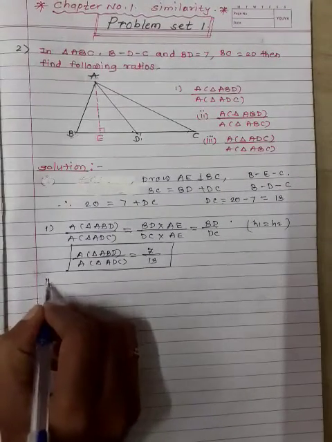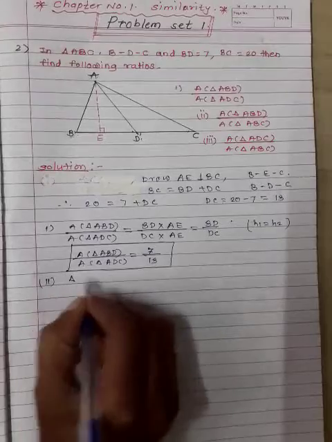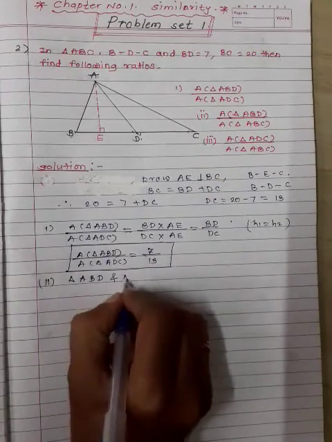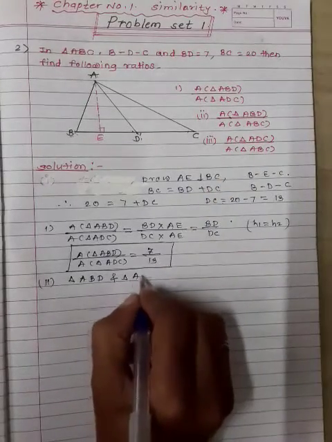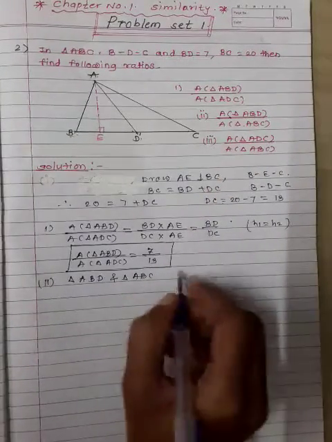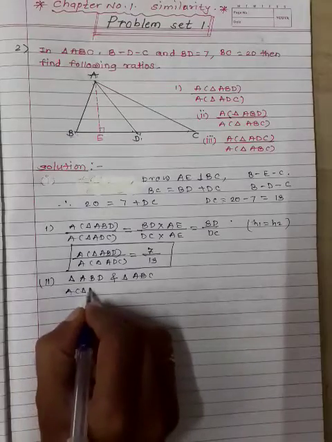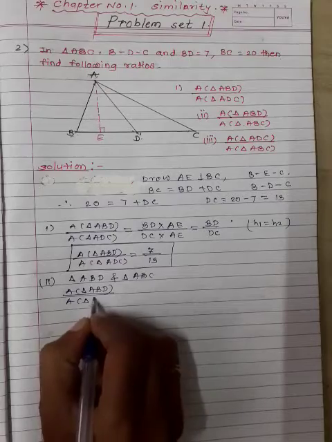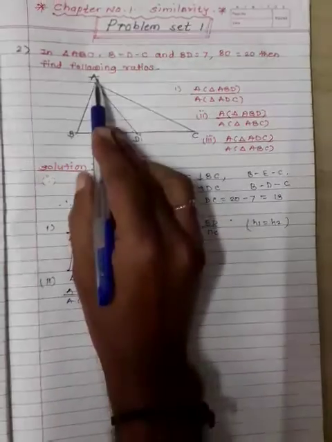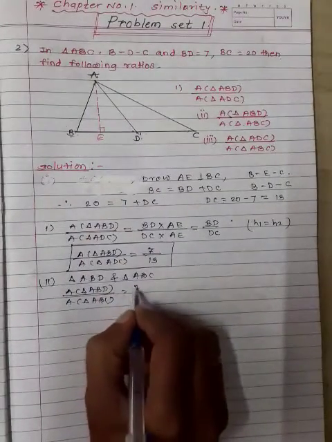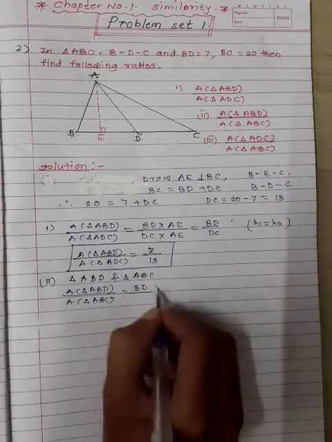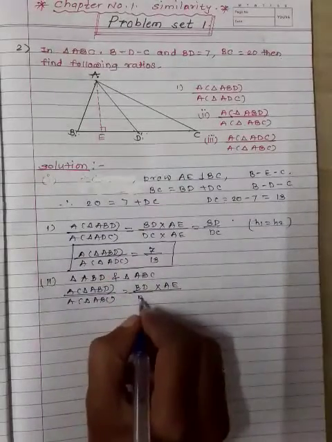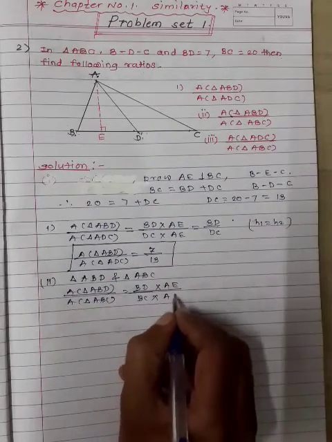Second, triangle ABD and triangle ABC, area of triangle ABD upon area of triangle ABC. For ABD, BD is the base and height is AE, upon BC is the base multiplied by the height AE.